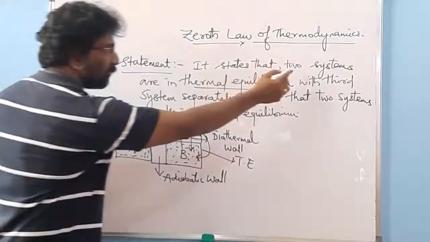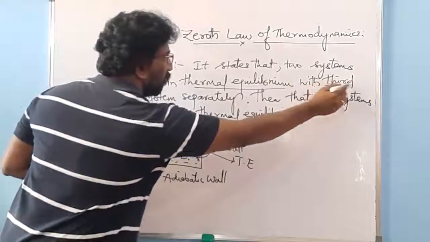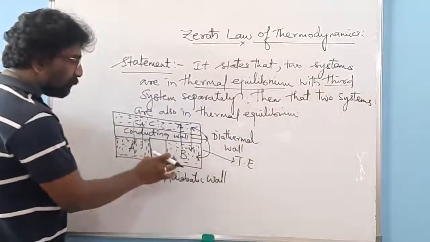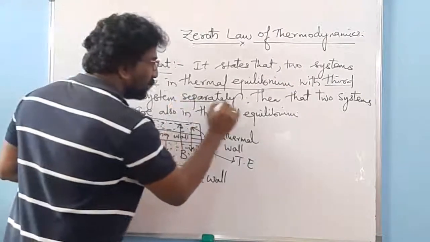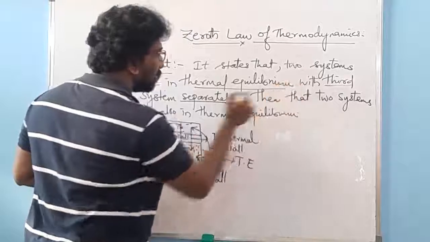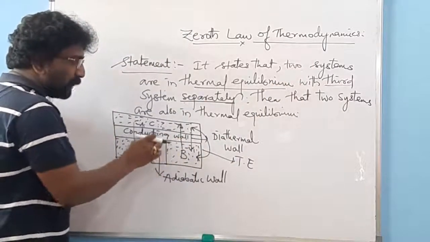Now here also, the two systems are in thermodynamic equilibrium with the third system. What are the two systems? System B and system A. Now these two systems are separately in thermodynamic equilibrium with the third system. Means what? These two systems are separated by some insulating wall.